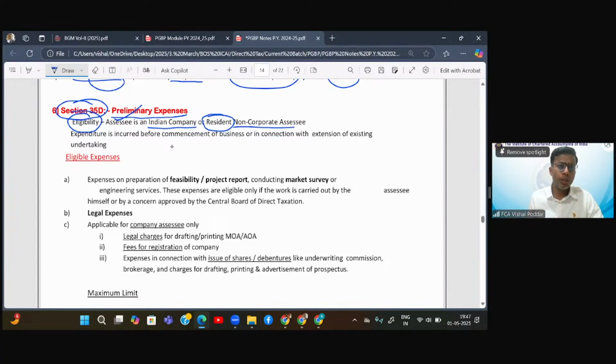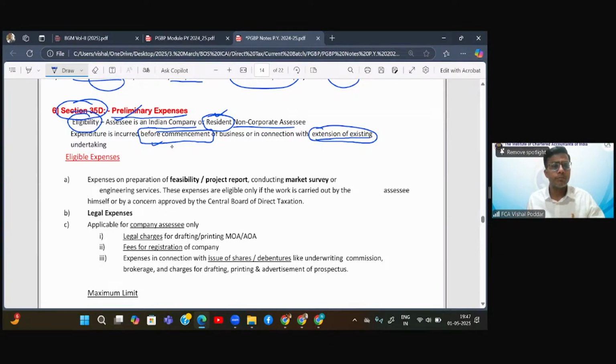So you can be an individual, HUF, anybody, but you should be resident. Second, what is preliminary? The expenses are incurred either before commencement of business, or even after commencement of business but in relation to extending the existing business. So either you are starting a new business, so expenses before commencing, or your business is already going on and now you are extending the existing business.